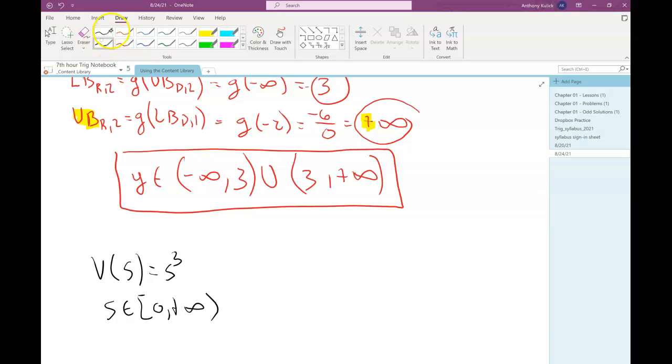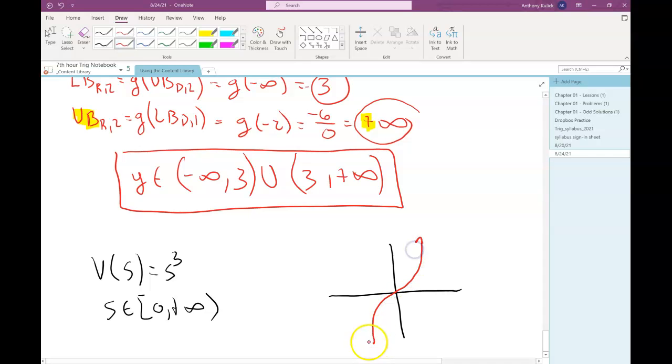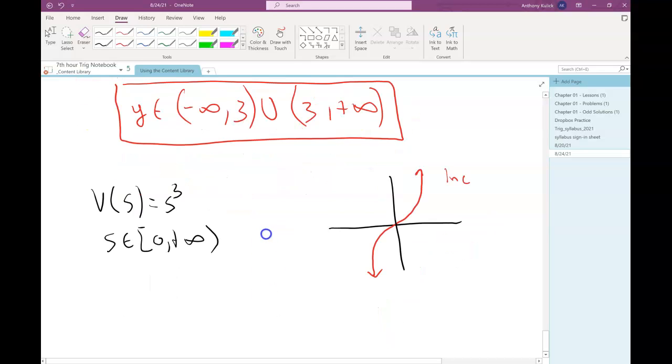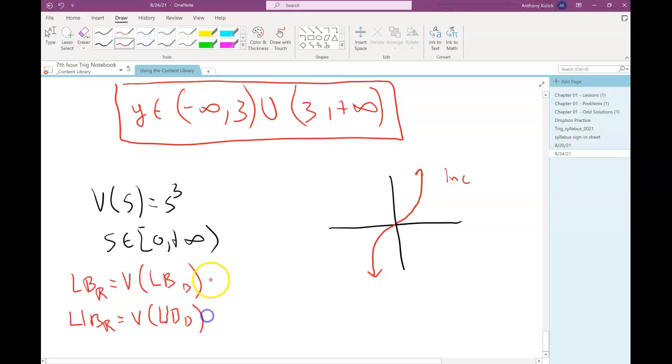So this one, if I think back to what the graph of x cubed would have looked like, this is increasing the whole way. So our lower bound for the range is just going to be v of the lower bound for the domain, and the upper bound for the range is going to be v of the upper bound from the domain.